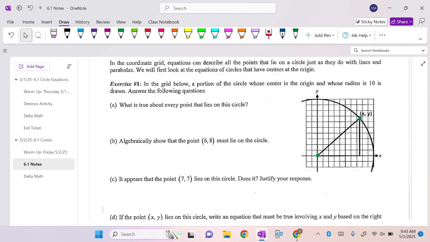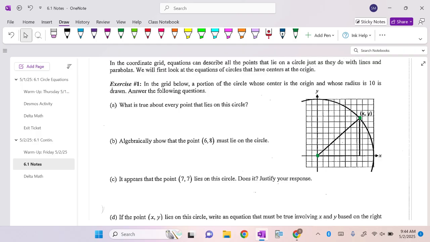Or better yet, what's true about every point that lies on a circle? If you went around the complete outline of the circle, any point on that circle can be used to create a what? Not necessarily a right triangle, but a radius.